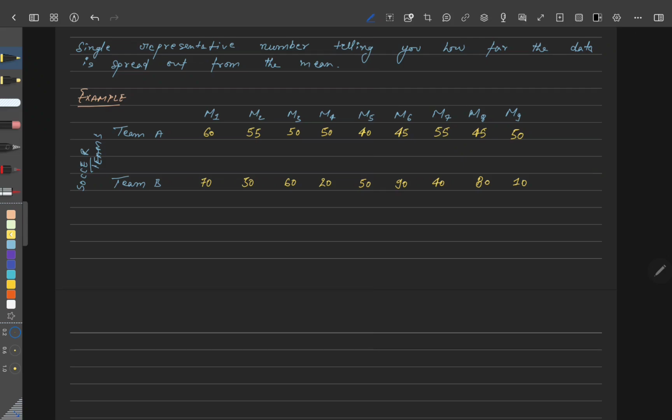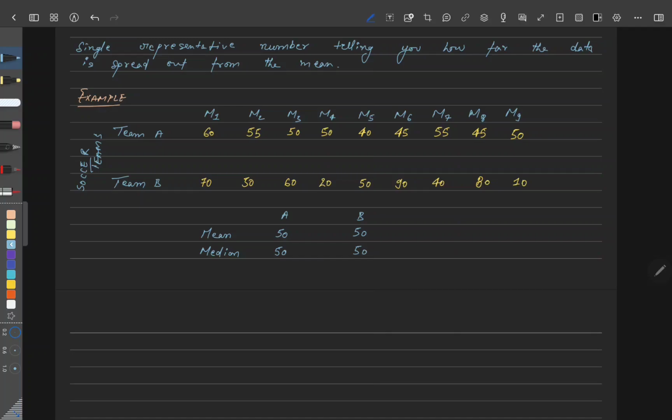Okay, so we have team A, team B. Let's calculate mean here and median here. So for both team A and B, the mean comes out to be 50, and since you can see the numbers, you can calculate it. It would be 50-50. I have already calculated it. The median would also be 50 for both the teams.